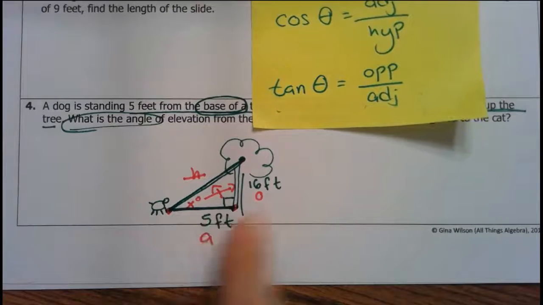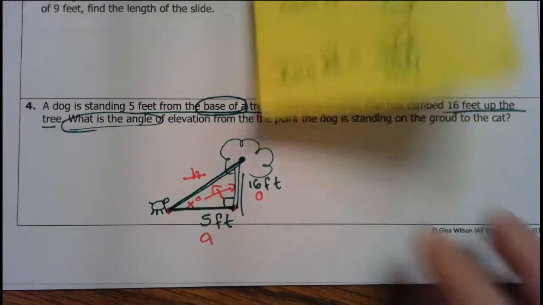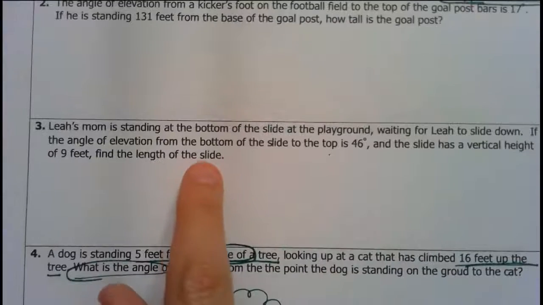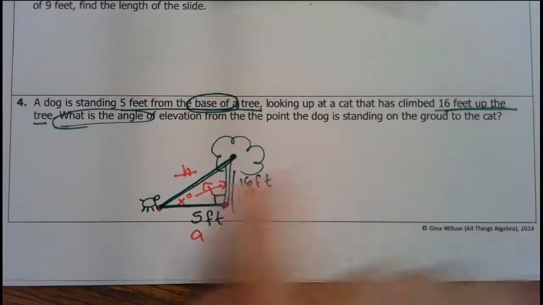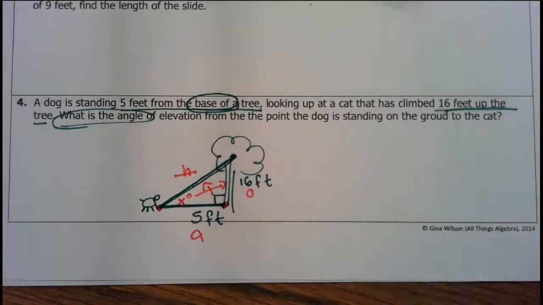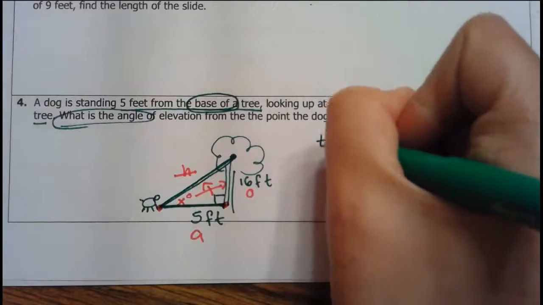There's not too many things that use the hypotenuse when we're thinking real life. One of those things would be a slide though. So if I'm going down a slide, I'm going diagonally, right? So we've got opposite and adjacent. That tells me it's tangent.